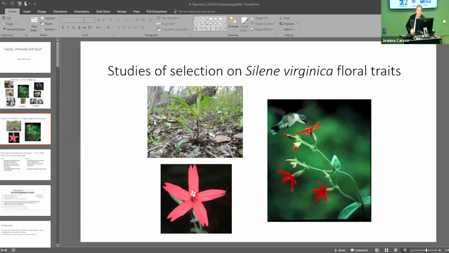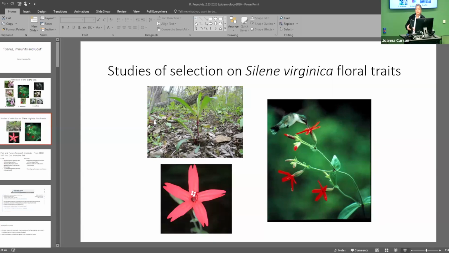And I was really interested in measuring phenotypic selection on floral traits in these species. Phenotypic selection is sort of defined as within-generation change in an actual phenotype.